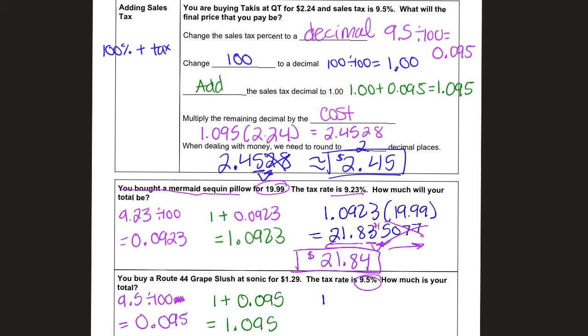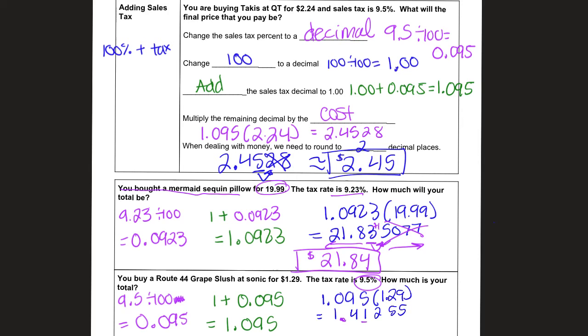Then I take that 1.095 and I multiply by my cost, 129. Which is 141.255. I need to round to 2 decimal places.